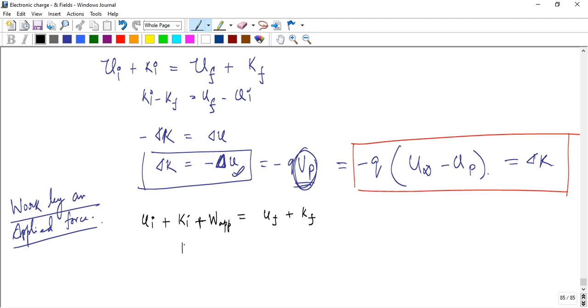Now Ki minus Kf is equal to Uf minus Ui minus W applied.